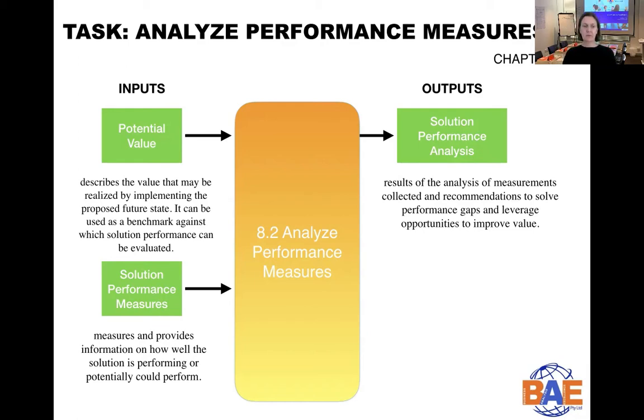The other input, I should say, is the solution performance measures. This is what we've just had as an output from the previous task, remember? It comes into this task because we need to measure and provide information on how well the solution is performing, or could potentially be performing if we are evaluating a potential future state solution.